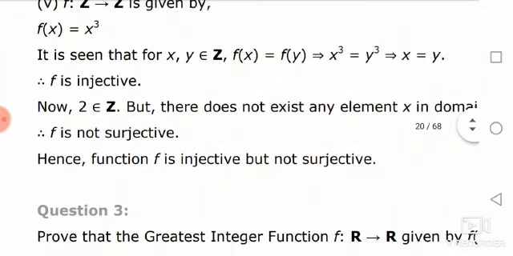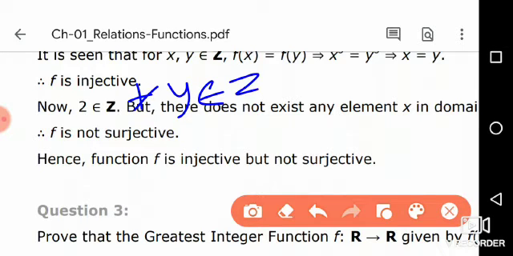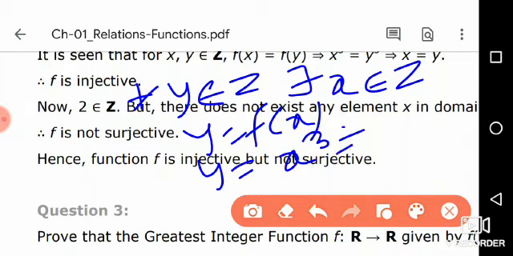Now let me check whether the given function is onto or not. To check the surjectivity or onto, for all y belongs to the codomain set, there exists x belongs to the domain set such that y is equal to f of x. Y is equal to x cube, which implies x is equal to cube root of y.